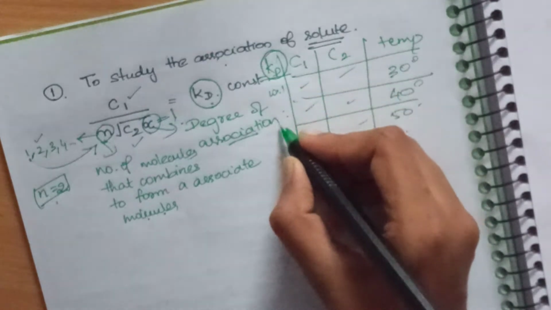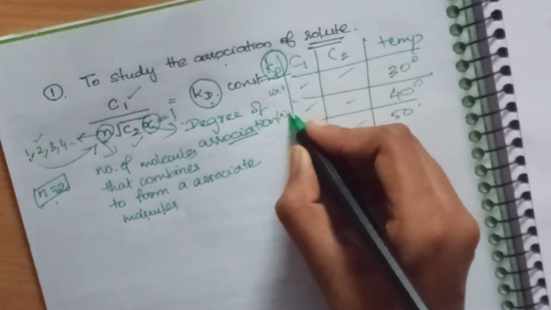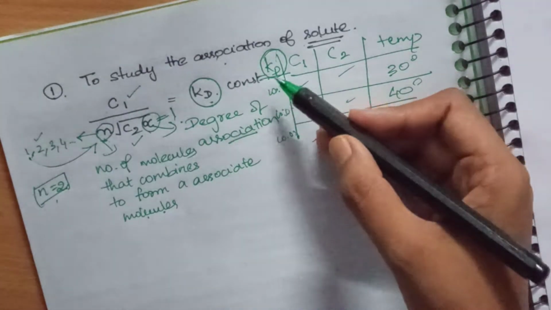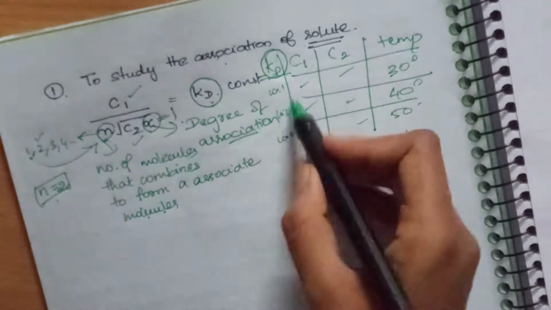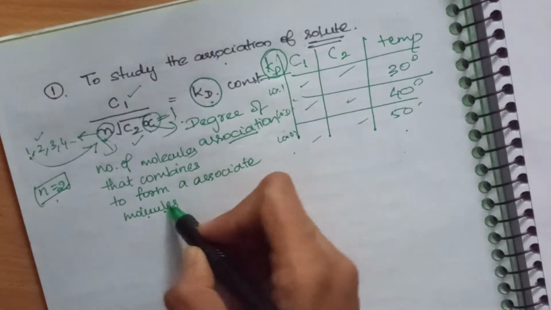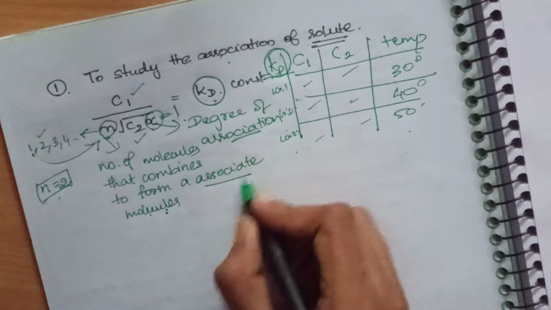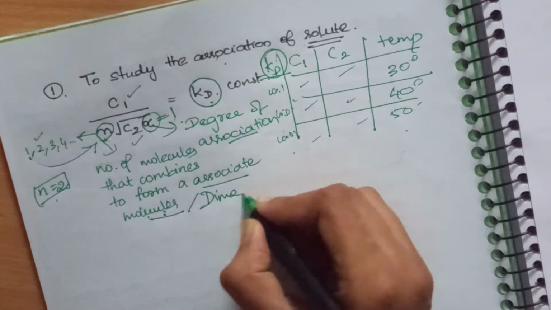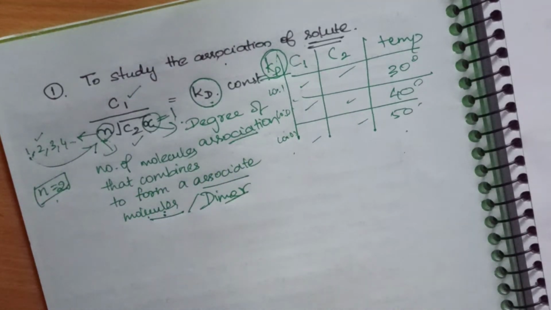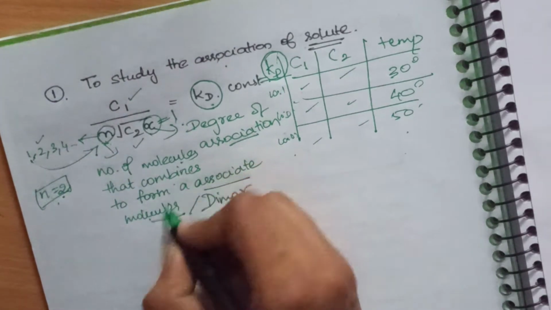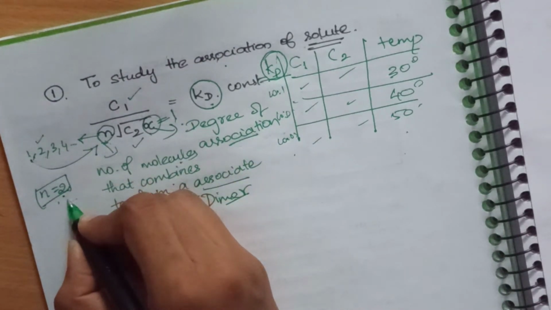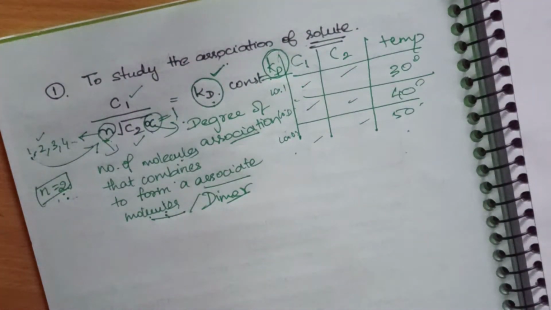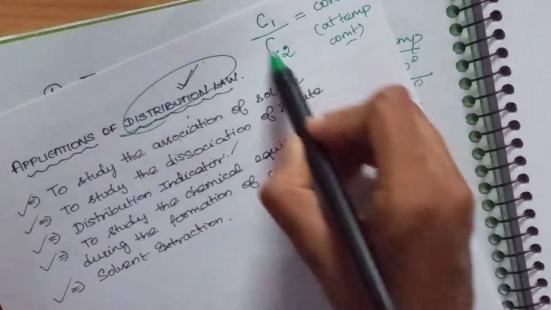Say for an example 10.1, 10.01, 10.0, like that it was being recorded. So from this you will infer that the number of molecules that combine to form the associated molecule, or I can say a dimer, because N is 2 right here. So dimer is 2. Number of molecules that combine to form associated molecule is 2. Since this partition coefficient is constant over there, we have applied the distribution law.